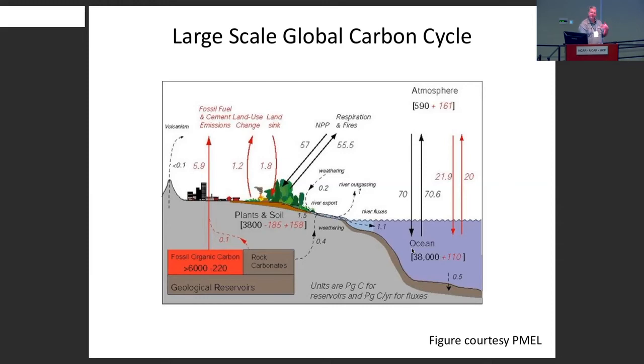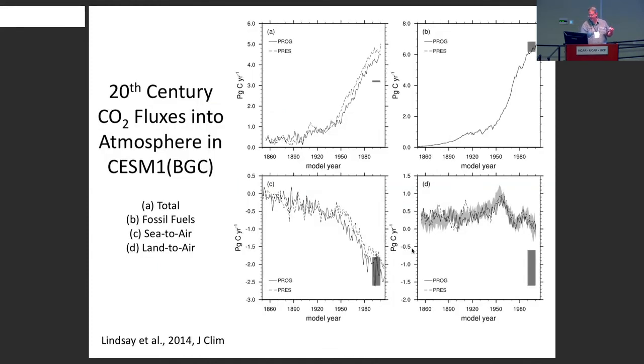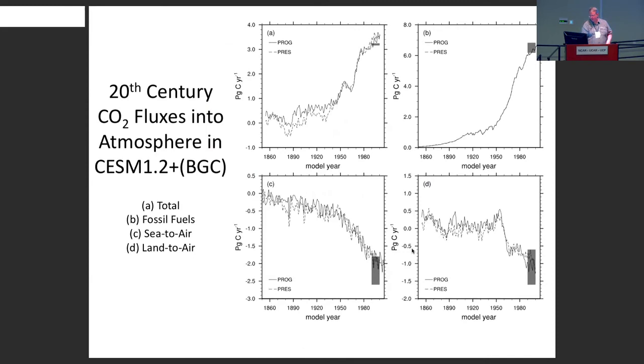We've now been doing simulations with coupled carbon climate models in CESM, where we prognostically predict how much carbon is going in and out of the different components of the land and ocean into the atmosphere, and also with fossil fuels. And if we compare this to observations, we do reasonably well with recent versions of CESM. These are time series of fluxes into the atmosphere.